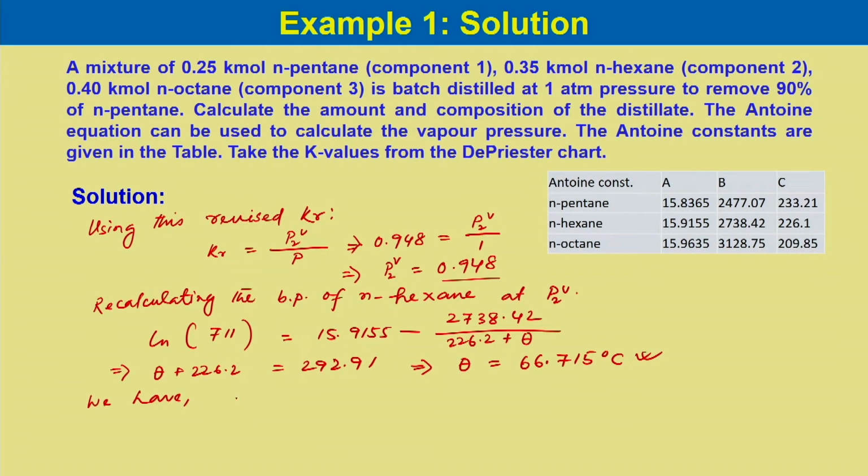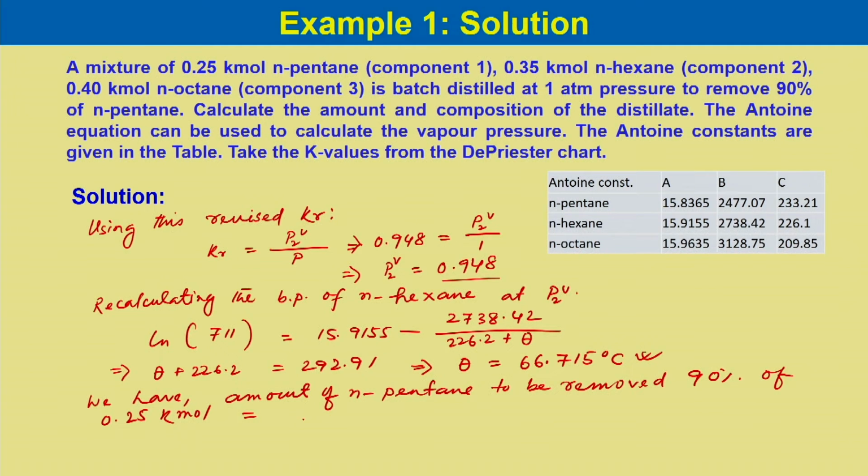We have the amount of n-pentane to be removed, 90 percent of 0.25 kilomole, which was in the feed. So, this would be 0.225 kilomole.